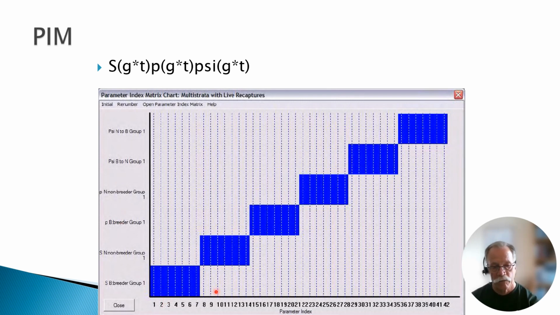And here we are estimating a different parameter for each of the time steps. And you're obviously going to run into some unidentifiability issues in this situation.